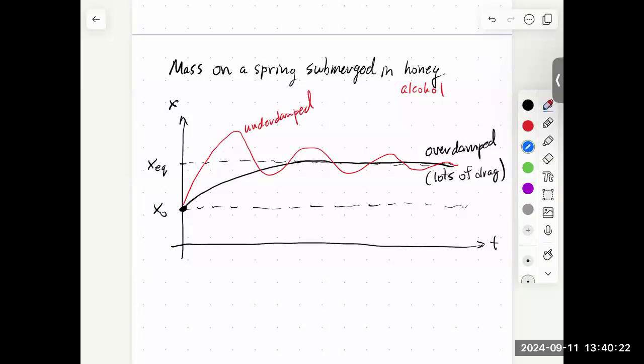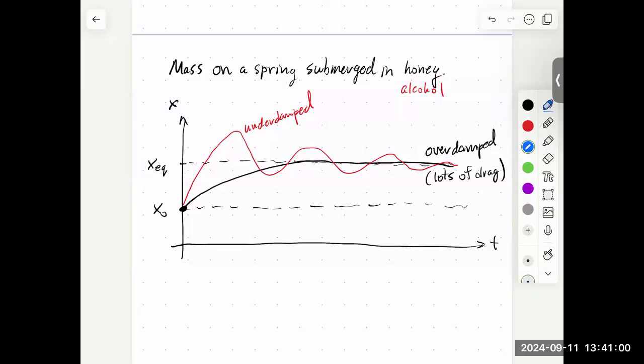There's one more special case, and that special case is how can I approach the equilibrium as fast as possible? Okay, this overdamped in the honey reaches equilibrium without any oscillations, but it takes a long time to get there. The underdamped one approaches equilibrium quickly, but then overshoots and oscillates about that, and it doesn't settle to the final equilibrium for a long time.